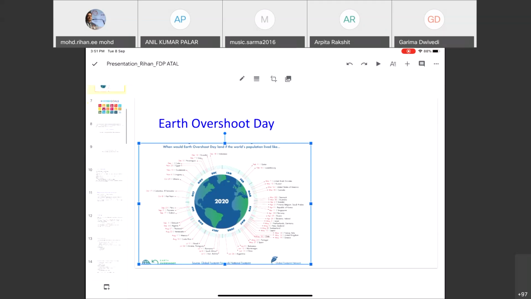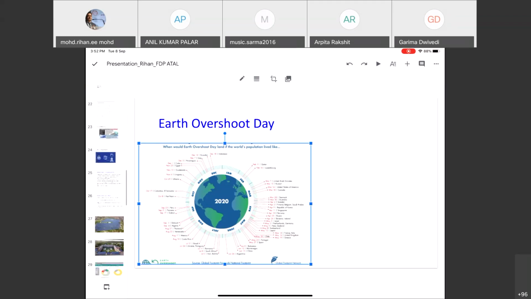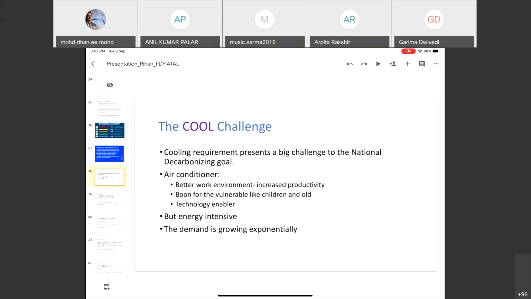Now, coming to development, I'll take up one topic which is connecting all these three things: development of the society, the electricity, and the environment question. You see, this I call the cooling challenge.